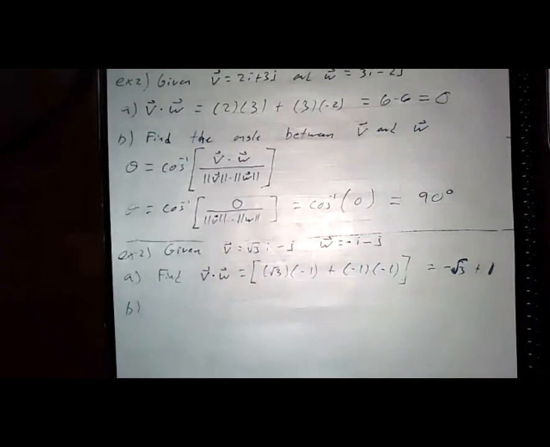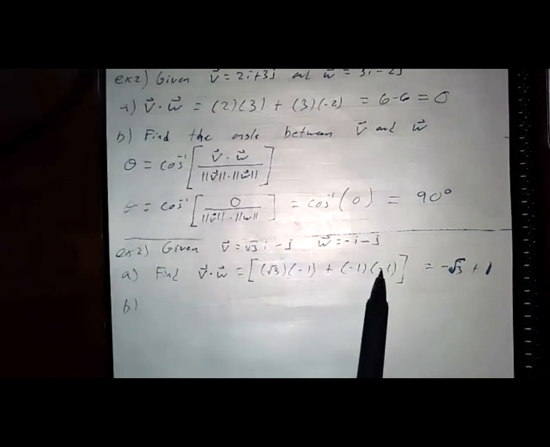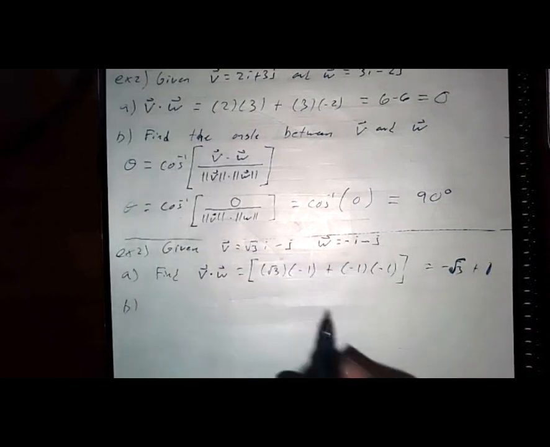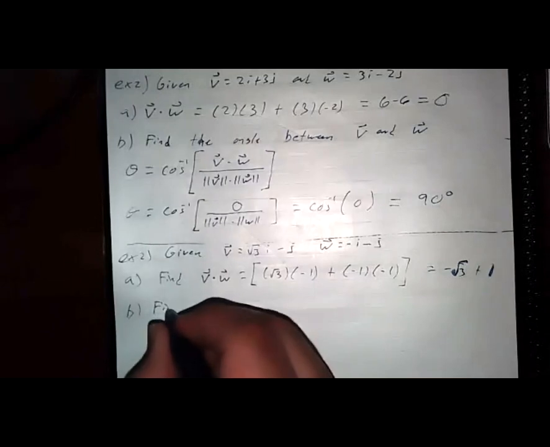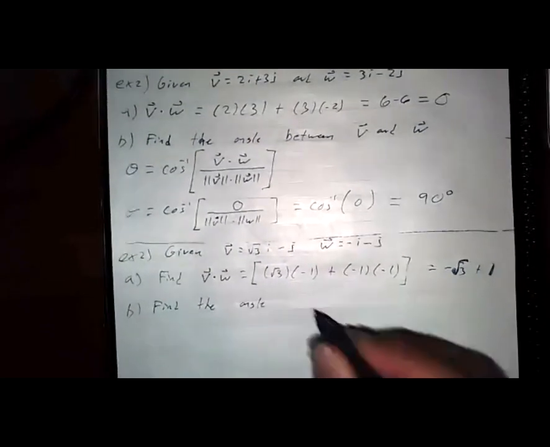Any questions on the dot product? Do you see where the numbers came from? See how there's no number here, but it's negative, so that's why I put negative 1 here. Okay, part B. Find the angle between.